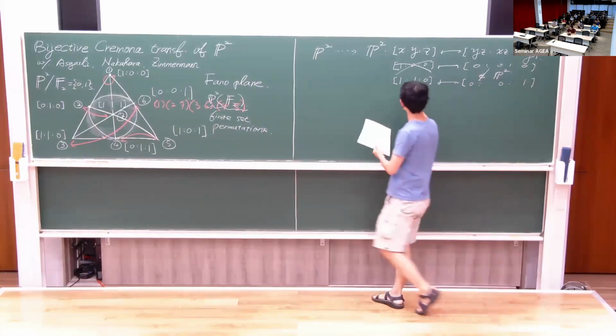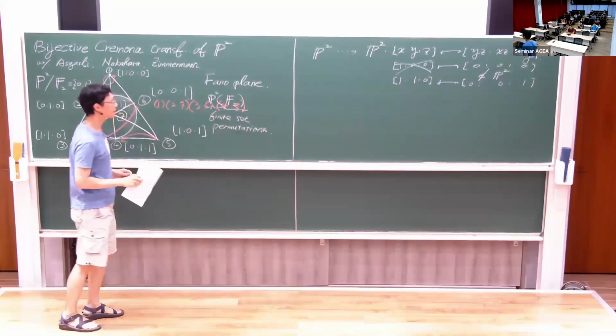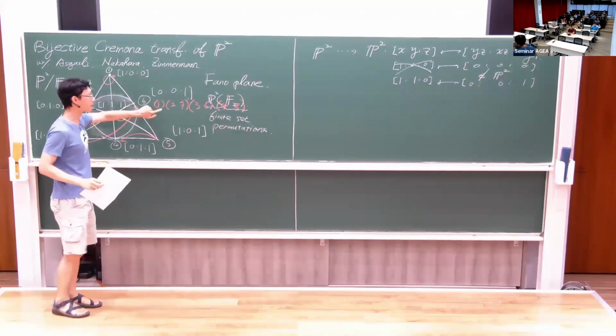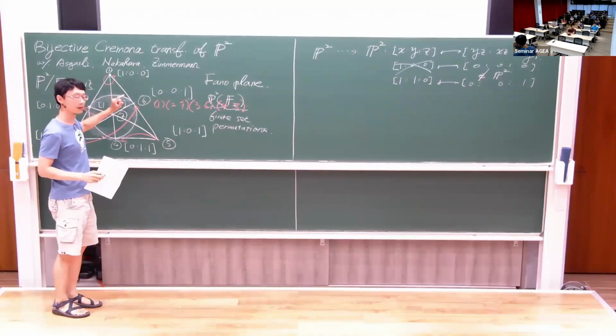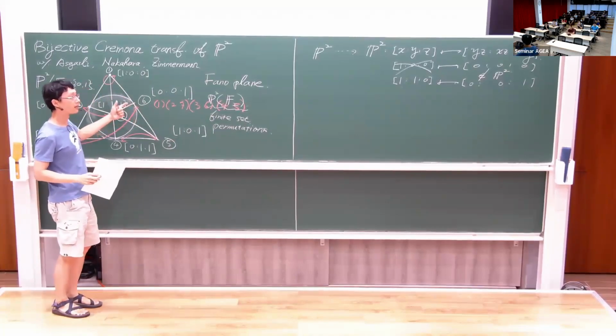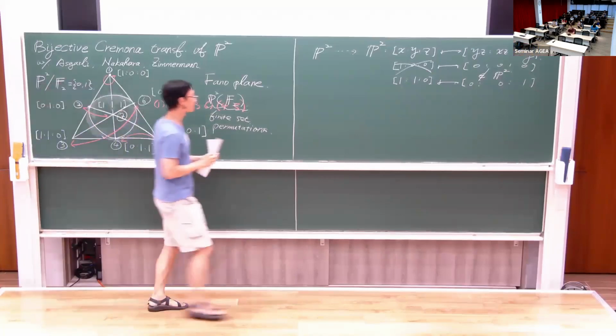So this map 1, 1, 0 to 0, 0, 1 is defined. So here my question is, given such a permutation, can we realize it, or can we write it down using a polynomial map like that? Okay, can we write it down?